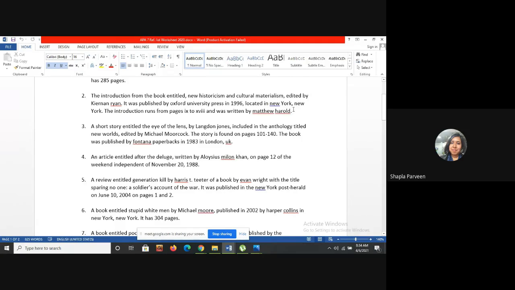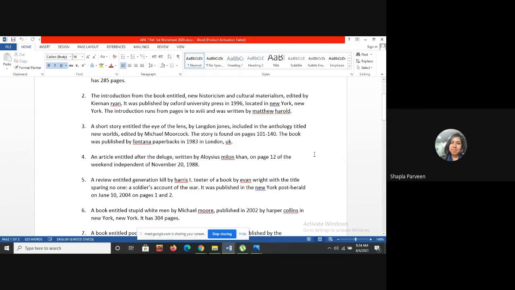Now, in the previous APA version, the 6th version, the location of publication was needed, but in the 7th edition, that's not needed. The name of the publisher is important, but not the place where publication took place.